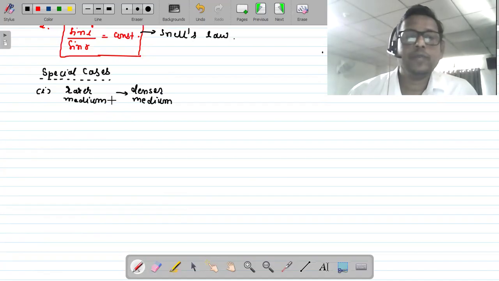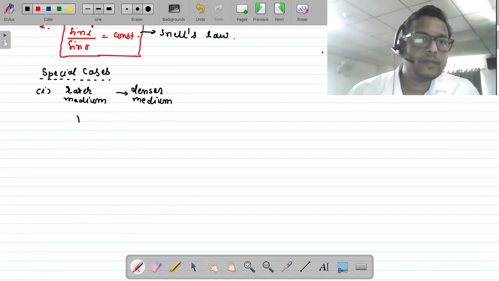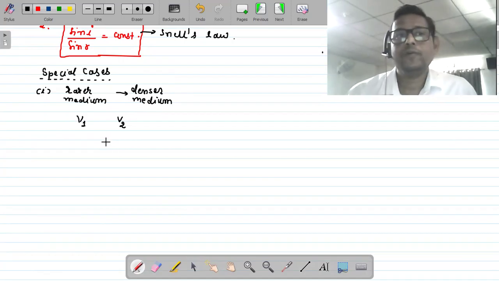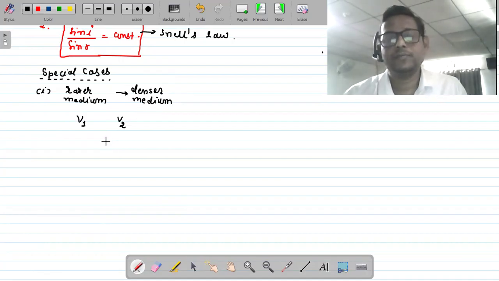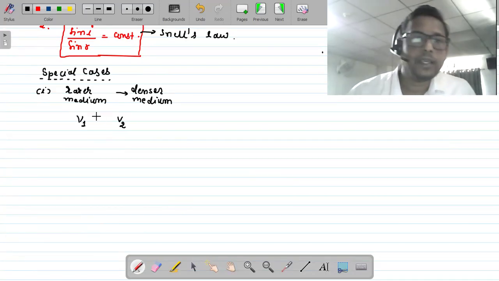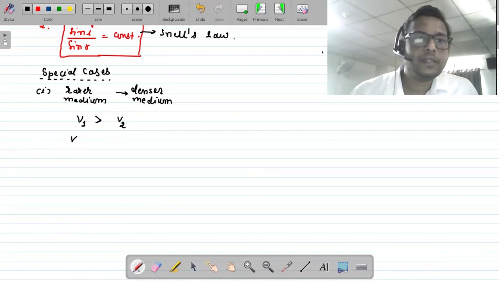The light ray is traveling from rarer medium to denser medium. Let's say in the rarer medium the speed of light is v1, and in the denser medium the speed of light is v2. We know that the speed of light is more in the rarer medium as compared to the denser medium, so V1 is greater than V2. Now if V1 is greater than V2, V1 divided by V2 is greater than 1.